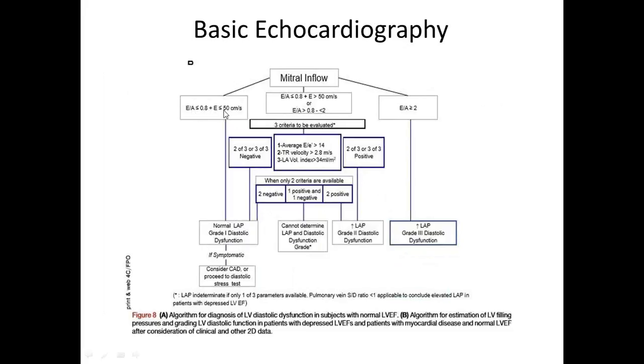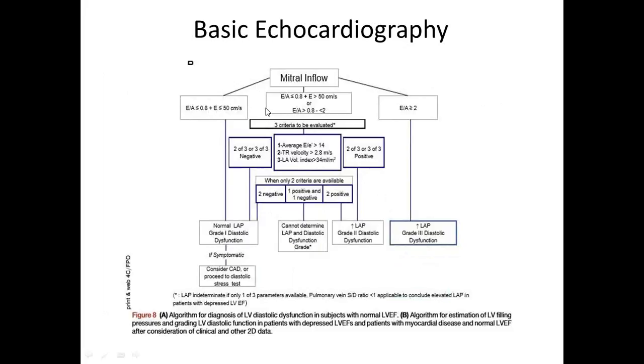Your E velocity is less than or equal to 50. Remember what we said about this? If the E is less than or equal to 50 centimeters per second, the left atrial pressure is normal. If left atrial pressure is normal, this is a grade 1 diastolic dysfunction. No question asked. Grade 1.